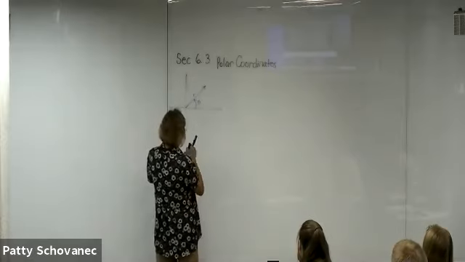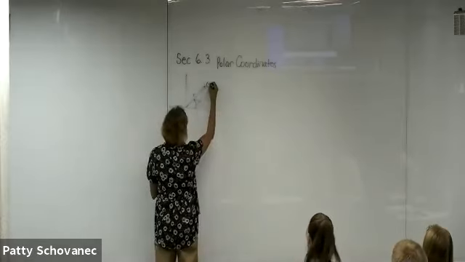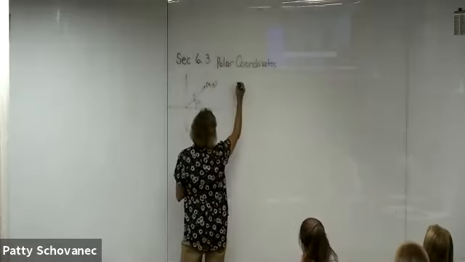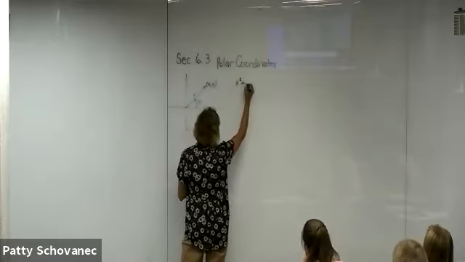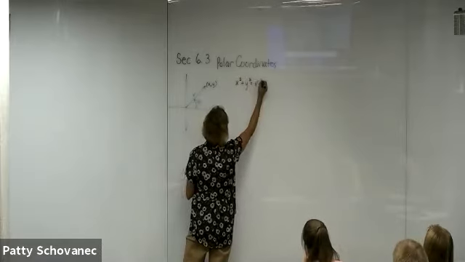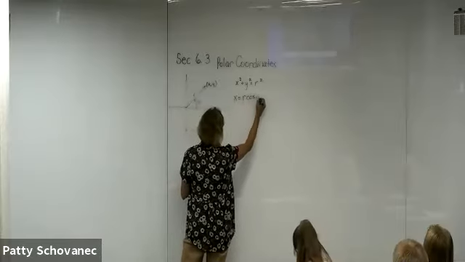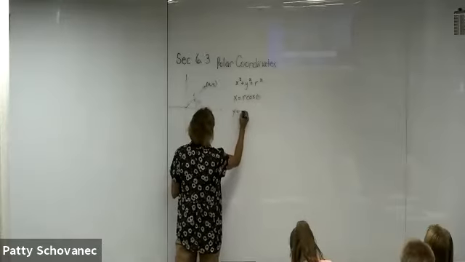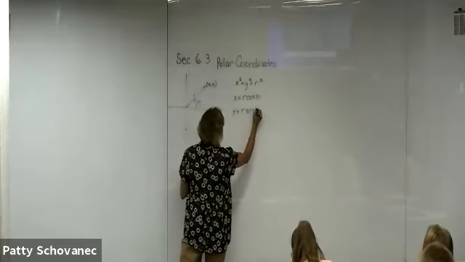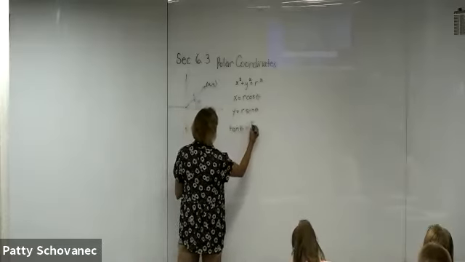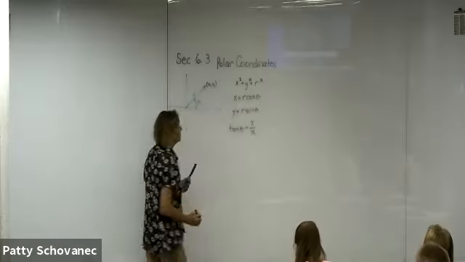And it passes through an ordered pair in our rectangular coordinates xy plane with the property that x squared plus y squared is r squared. X is r times the cosine of theta. Y is r times the sine of theta. And the tangent of angle theta is y divided by x.